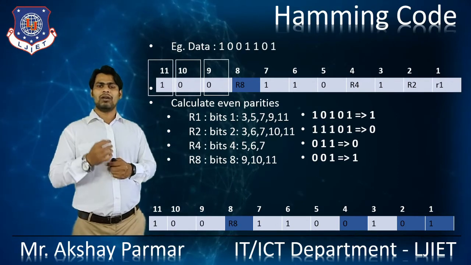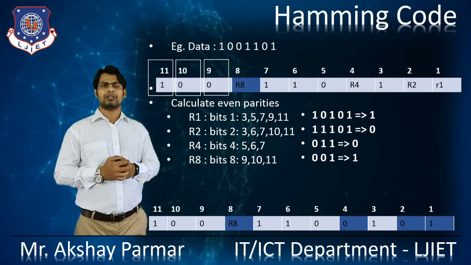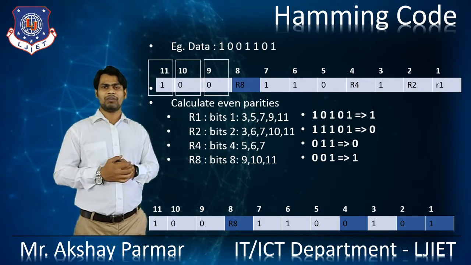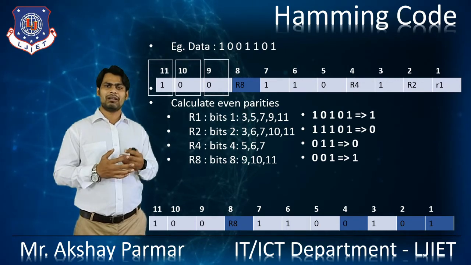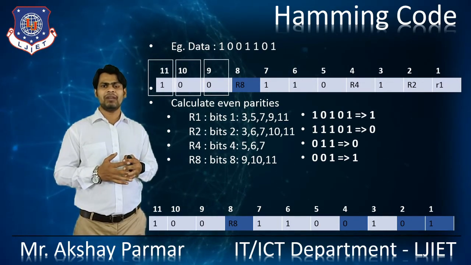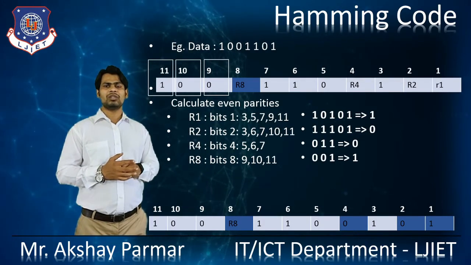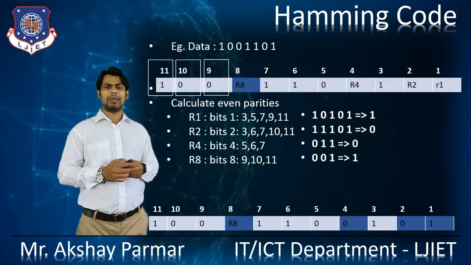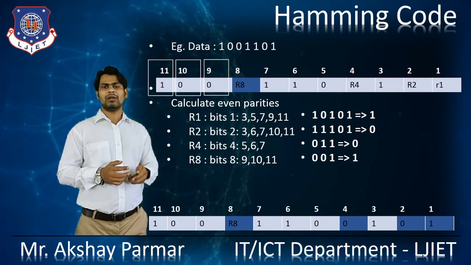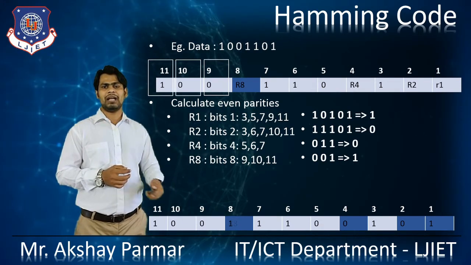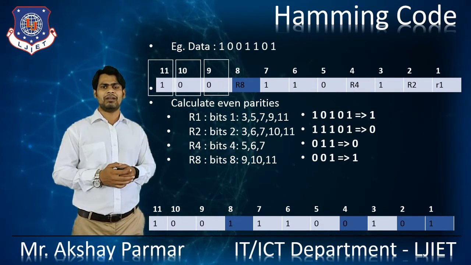So there is only one 1 in that, so it has an odd number of ones. To make it an even number, we are simply putting the 1 at the redundant bit R8, so we can have even parity there, right? That's how we are changing R8 to 1.